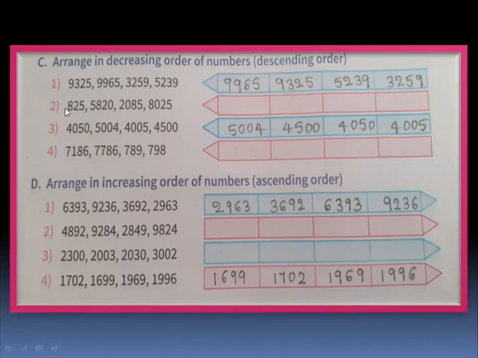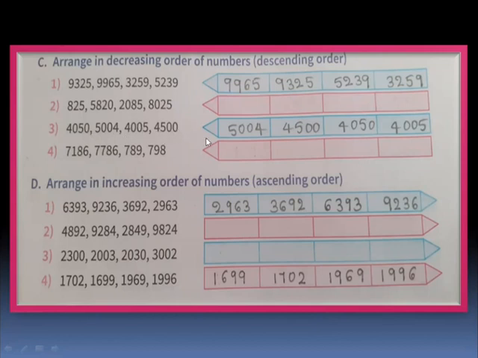Next, second one, 825, 5820, 2085, 8025. For these numbers, you have to write in descending order. Already you know about descending order and ascending order. Next, third one, see. 4050, 5004, 4005, 4500.